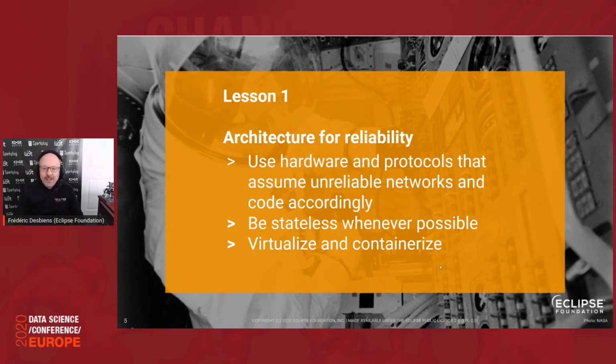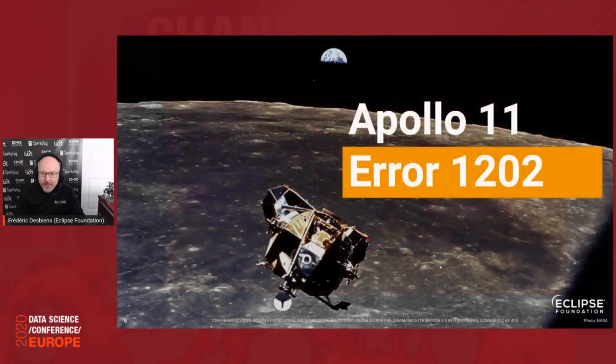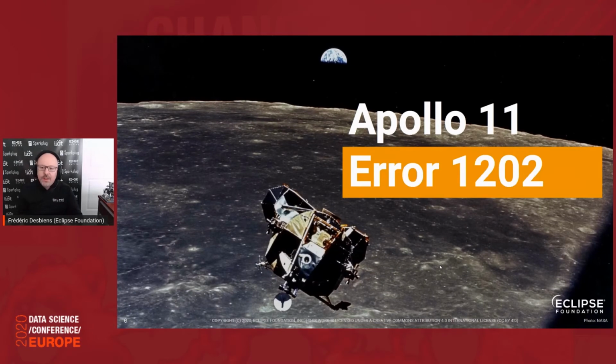All right, now let's get on specific incidents that happened during Apollo missions, and let's see what we can learn out of them. And we start with Apollo 11 and the famous error 1202. Apollo 11 was the first Apollo mission where we had, you know, people walking on the moon.